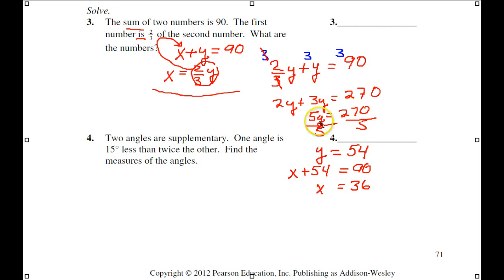Divide both sides by the numerical coefficient of our variable, which is 5. Y equals 54. Then put the y for 54. Solve for the x. X is 36. Now remember, when you give this answer, this is written as an ordered pair. So the answer would be 36, 54.